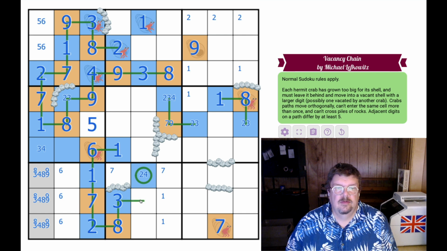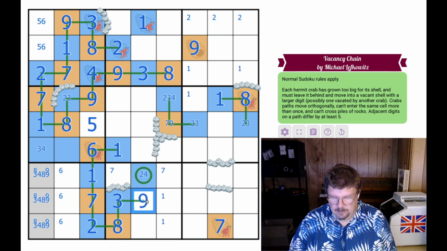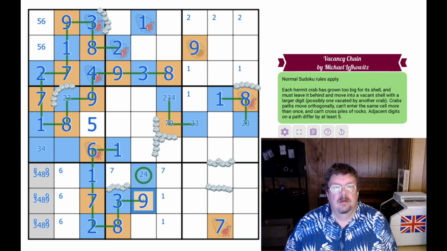This has to go to the right. And that has to be a 9. It sees 7 and 8, and it can't be a 6. Can't go up because this is on the wrong part of the path. At least a little cross there to remind us we can't go up.